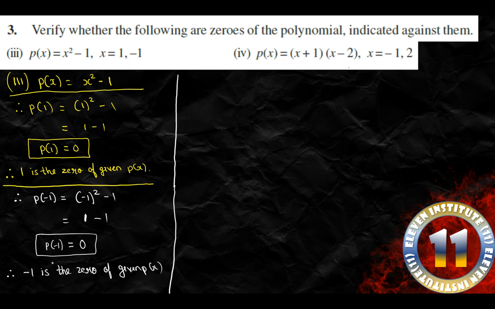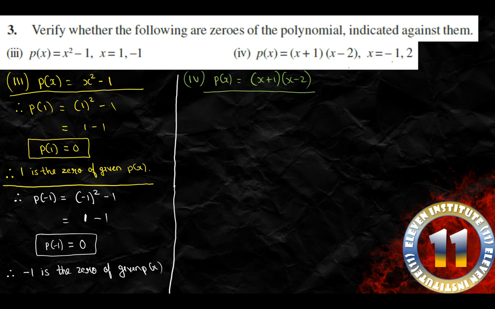So again here also we have been given two polynomials, right? And let us check both of them. So first of all we will write the polynomial as it is. So px is equal to x plus 1 into x minus 2, x plus 1 into x minus 2, right?